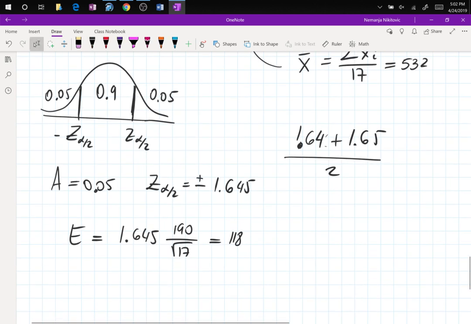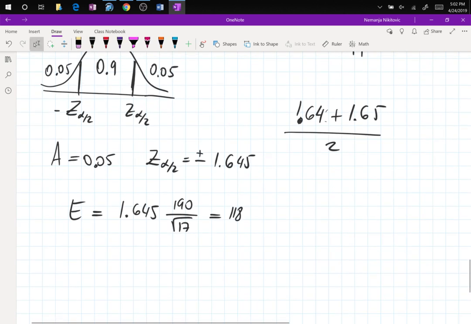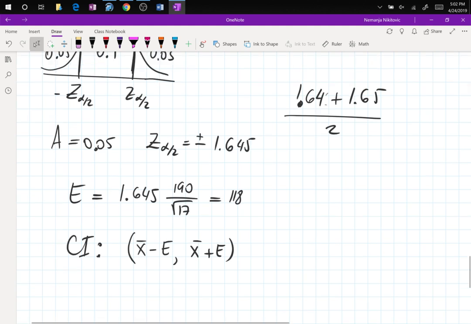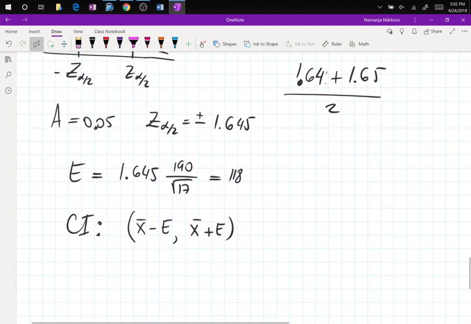We don't have to go into decimals. So what's my confidence interval? The confidence interval is x bar minus E, comma, x bar plus E. That will be the confidence interval. Not equal, but there we go. So now, we know that the x bar is 532.